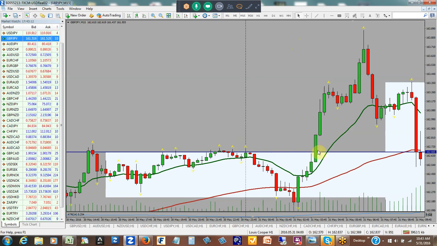Let's see, it closed here. What's the rule? Two candles. Oh, you're combining two different things here. Oh, I'm sorry. What you did was correct. So my entry would be, if you're doing a price trap, your entry is right there.